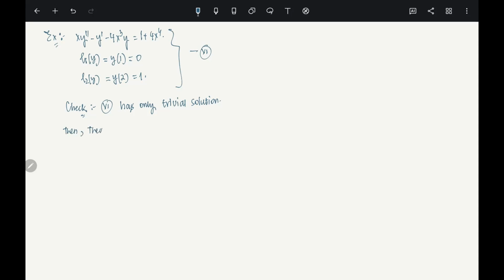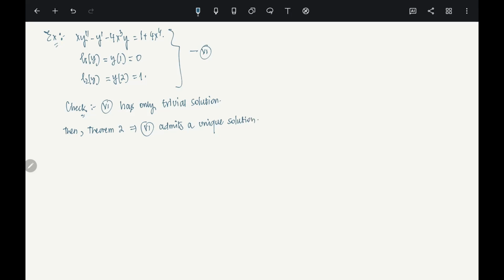Theorem 2 implies that 6 admits a unique solution. Is this okay? 6 admits a unique solution.